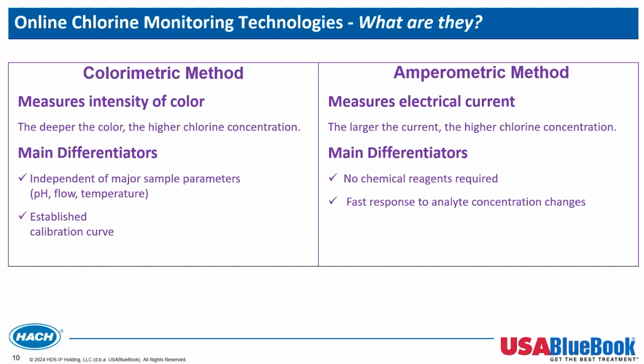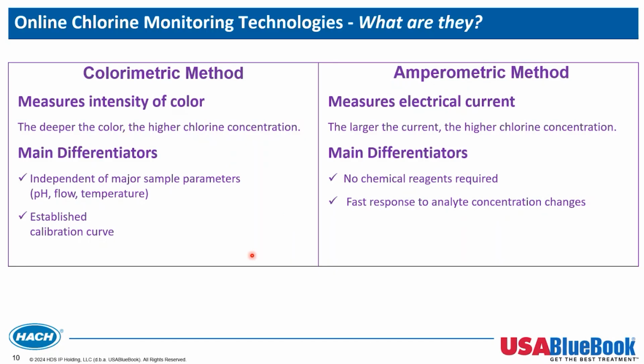So if you look here, the colorimetric method or technology uses intensity of the color to determine chlorine concentration. And the deeper the color intensity, the higher the chlorine concentration. On the other hand, on the right-hand side, the amperometric technology uses electrical current or voltage, which is proportional to the chlorine concentration. And measuring this current or voltage provides the measurement of chlorine concentration.